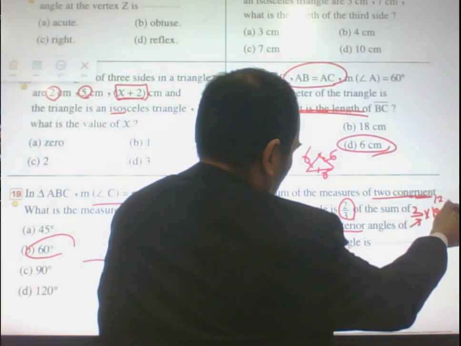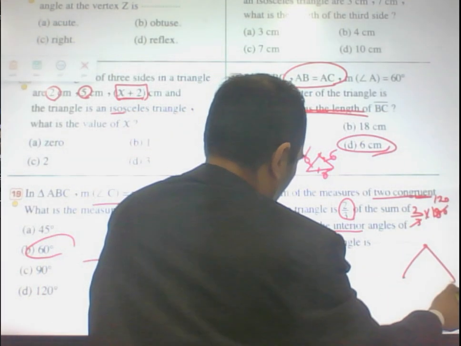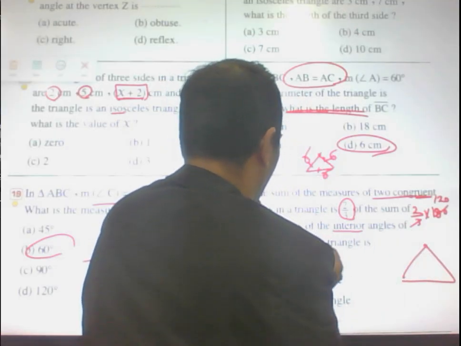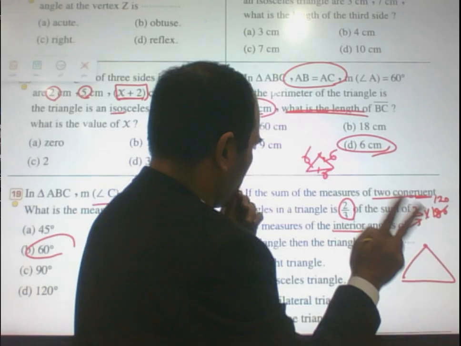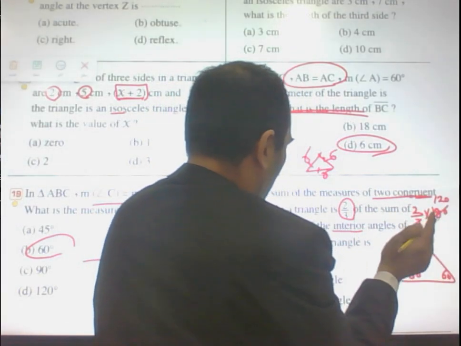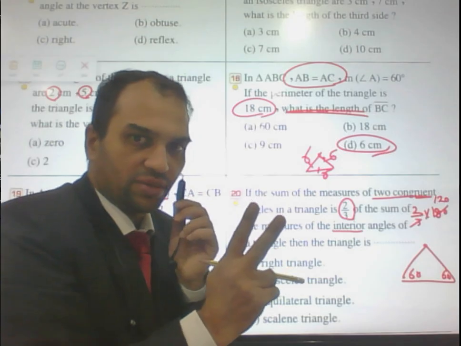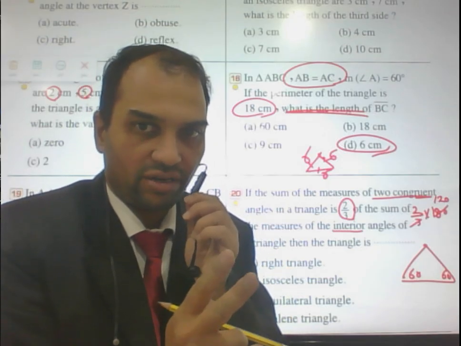Understood? Then the sum of the measures of two congruent angles is 120. 120 divided by 2 equals 60, so 60 and 60. He tells me two angles, and the sum of them equals 120. Understood?